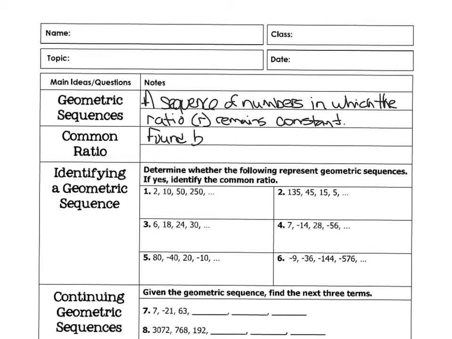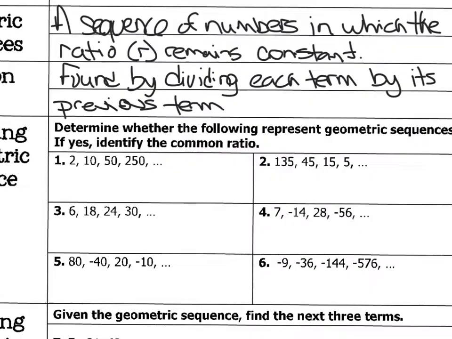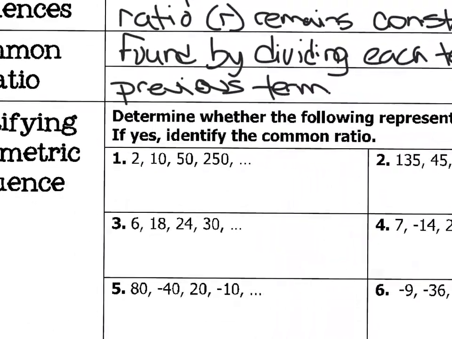It's found by dividing each term by its previous term. Divide each term by its previous term. All right, so first they want us to identify if it's a common ratio or not.